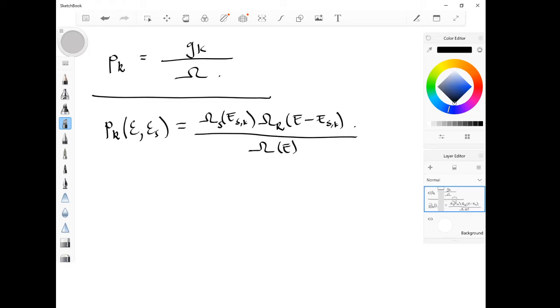And so our degeneracy, in a way, is this, which is how many ways you can arrange the system to have the energy being partitioned into two separate bits. One is your system and one is your reservoir.